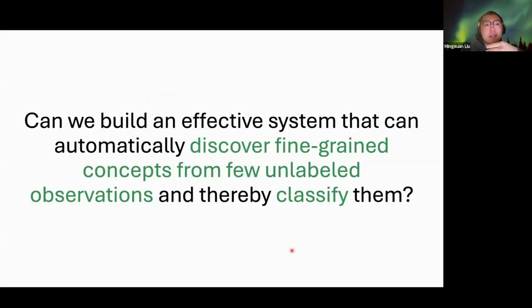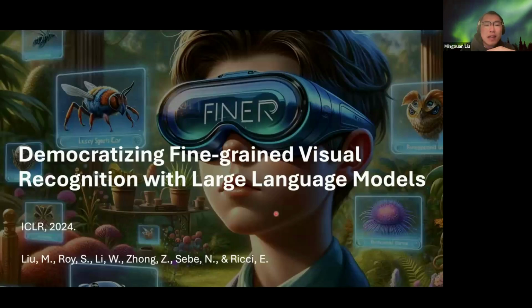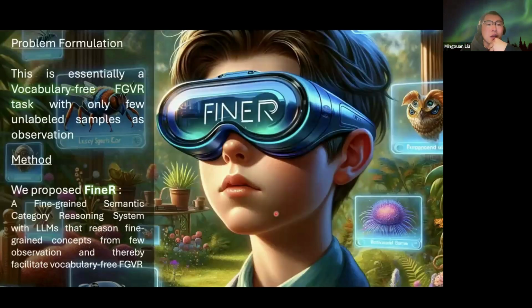So with this in mind, we are thinking about whether we can build an effective system that can automatically discover the fine-grained concepts from a few unlabeled observations and then classify them without using a vocabulary. We did this exploration in a work from last year.